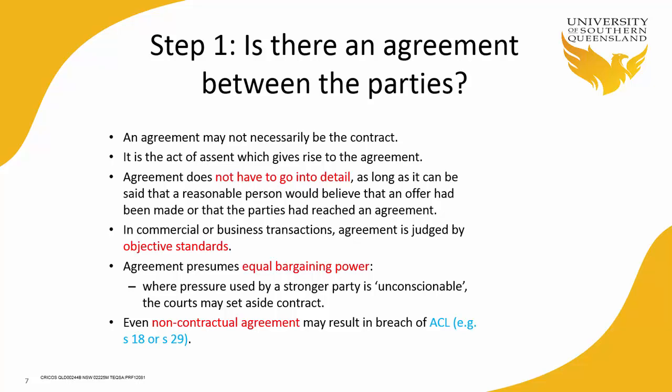Now note that agreements, in order for them to be legally binding and to be upheld by the court, do not have to have much detail, as long as it can be said that a reasonable person, again the reasonable person test, would believe that an offer had been made or that the parties had reached an agreement. So this is an objective standard because it relates to the reasonable person.